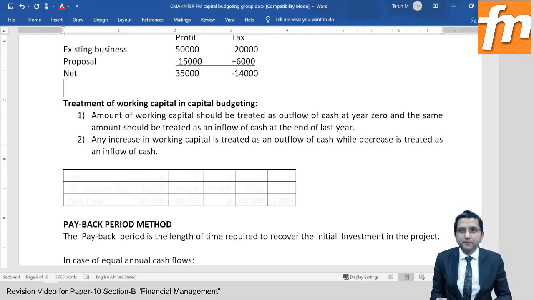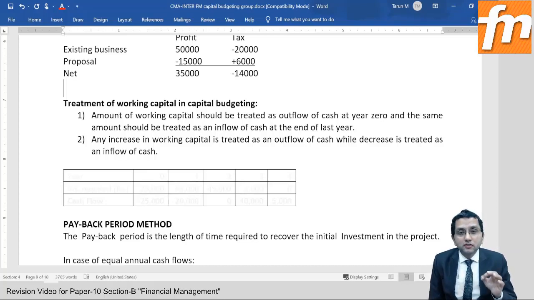Just listen carefully. If you buy fixed assets in a business and sell them after 10 years, the situation will be different. If I buy machinery, 0 year, 5 lakh rupees outflow. 10th year, the inflow may be, say, 50,000 rupees because there is wear and tear, the machine has been depreciated, and that's why I realize a lower amount, salvage value, scrap value.